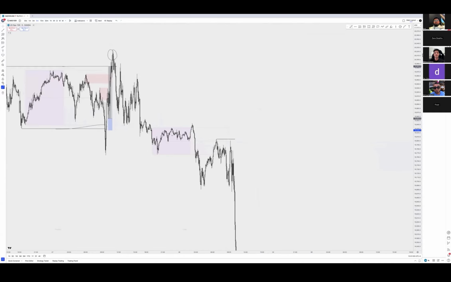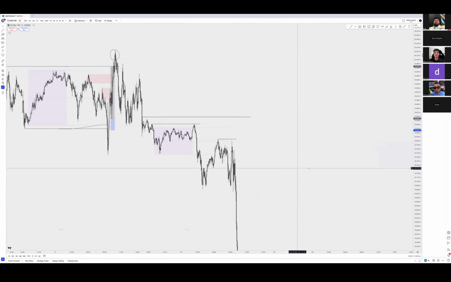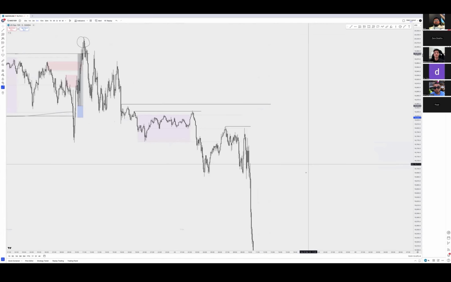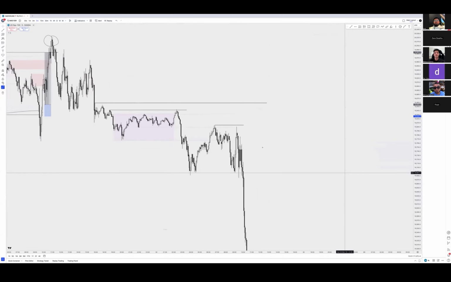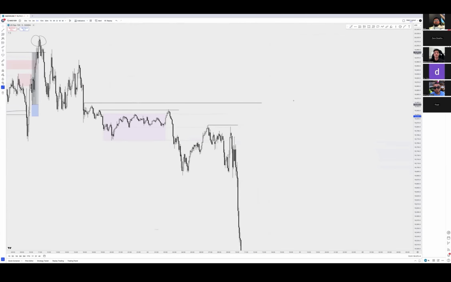We got a liquidity block above as well, but there was all this here, honestly. It was a hard one for me, I'm not gonna lie. We got this. So this is what happens, right? We got the low being respected right here.